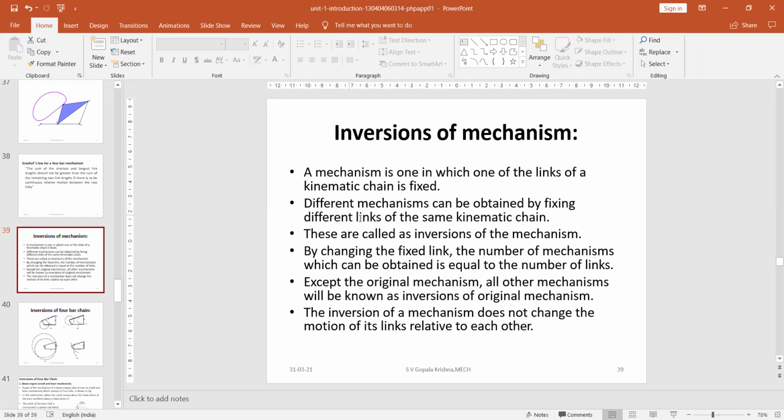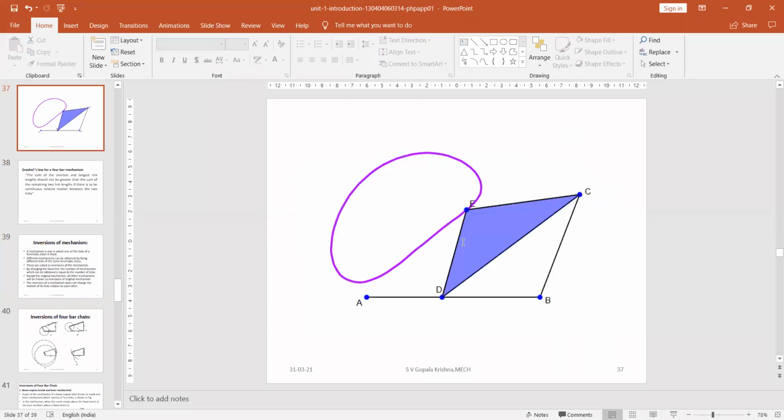Different mechanisms can be obtained by varying the fixed link. These are called the inversion of the mechanism. So you will observe what is meant by inversion of mechanism.